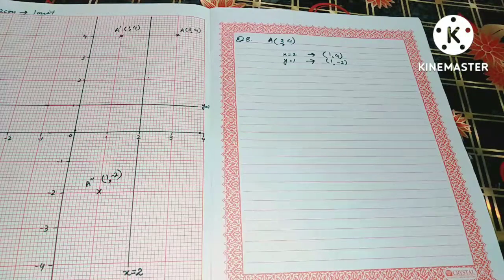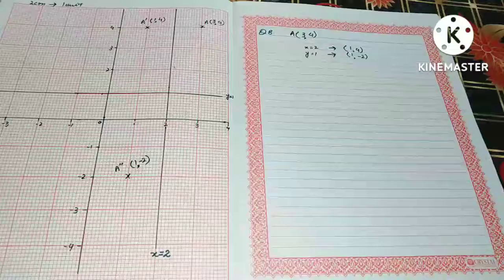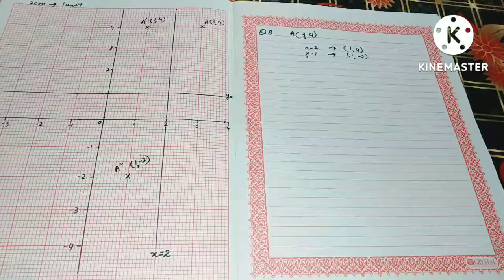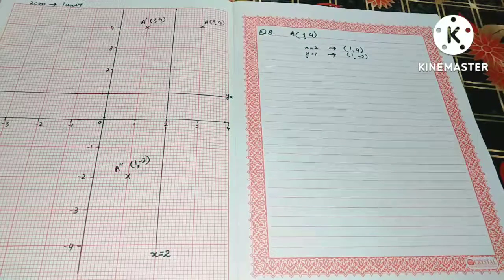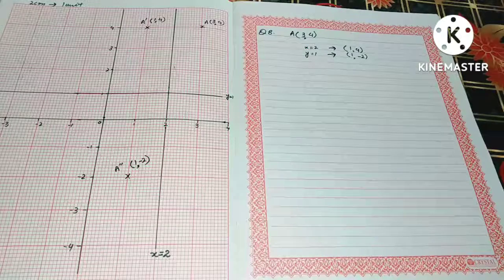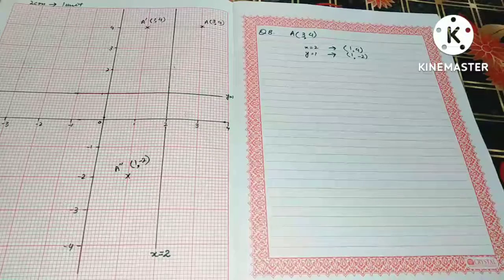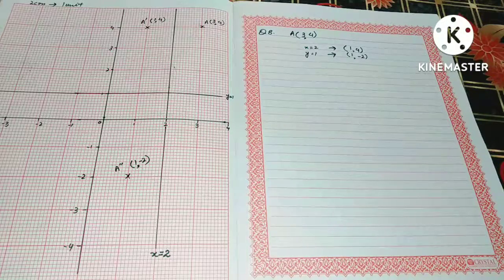Okay, students, now the next part of this question: state the coordinates of the point which remains invariant under these two reflections. First, let me tell you what the invariant points are. Invariant points are the points which are on the mirror line, which you cannot reflect.